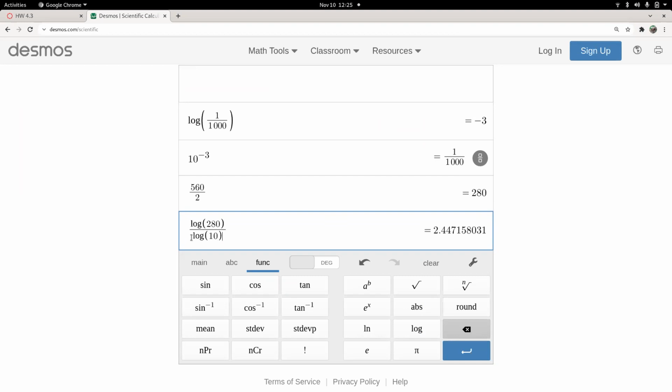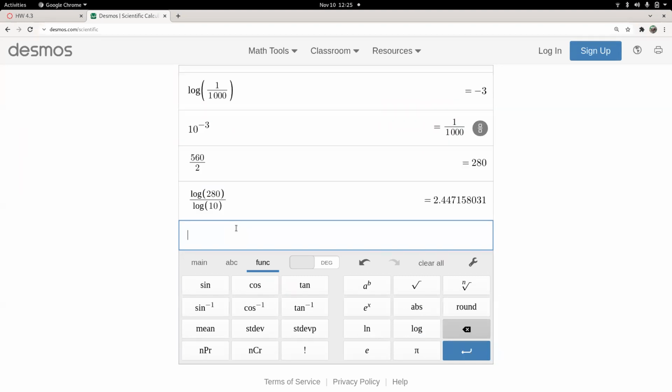Is that really right? Let's see, the original equation said that 2 times 10 to a certain power. We think that power is 2.447 blah, blah, blah. 2 times 10 to the 2.447 should be about 560. Hey, that's about 560.